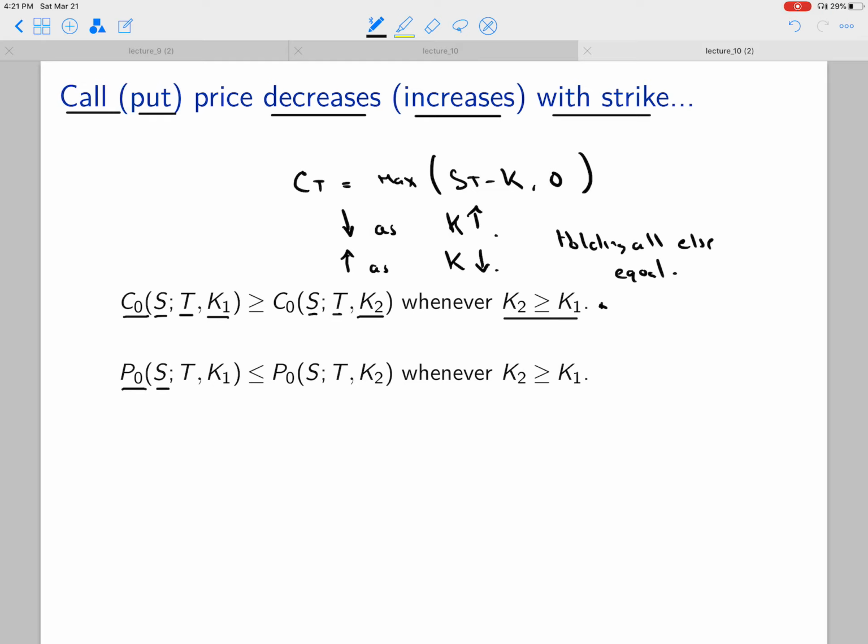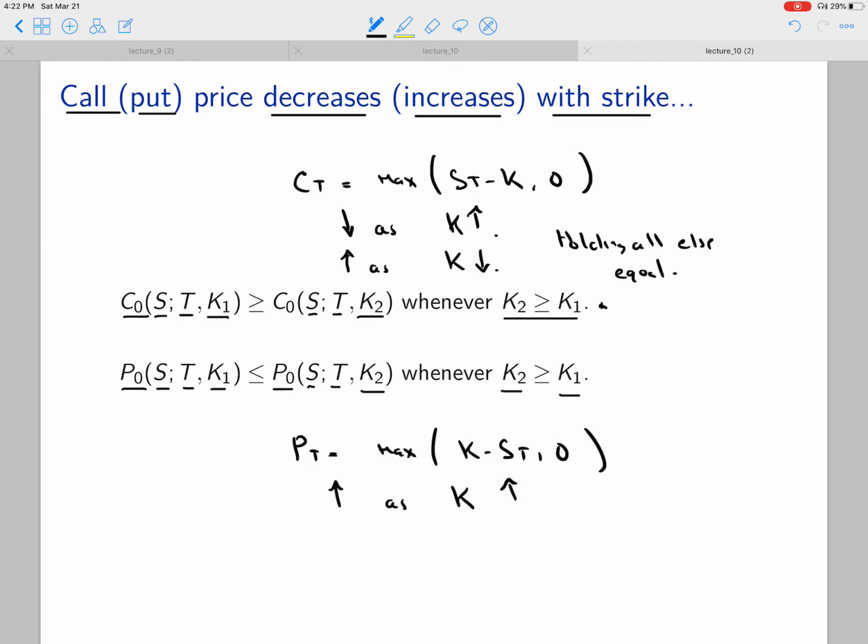Okay, put price is the opposite. A put on stock S, maturity T, low strike K1 is going to be less than or equal to a put on stock S, maturity T, high strike K2, with K2 greater than or equal to K1. Okay, the reason why again, put payoff is max of K minus ST and 0. So the put price is going to go up as K goes up.